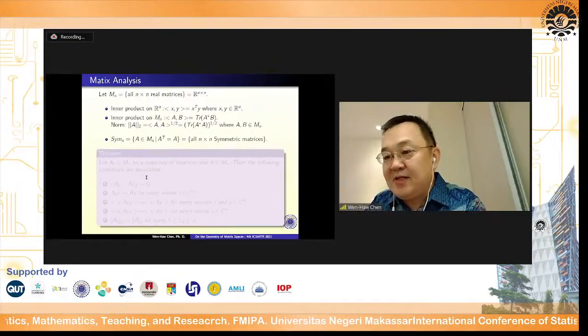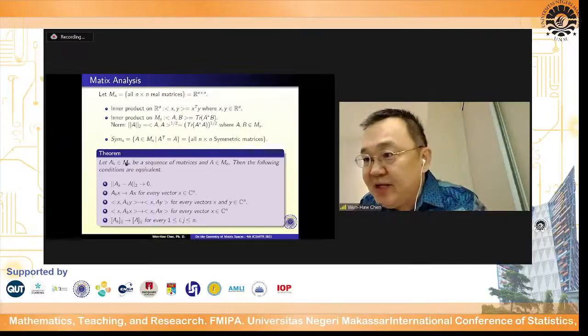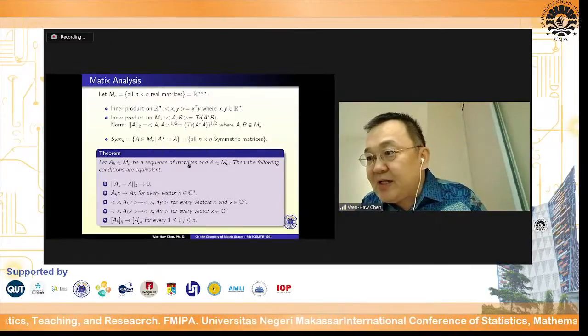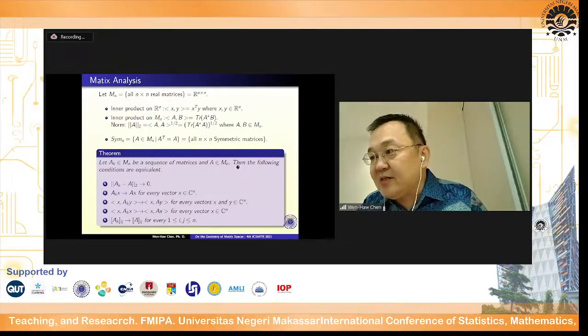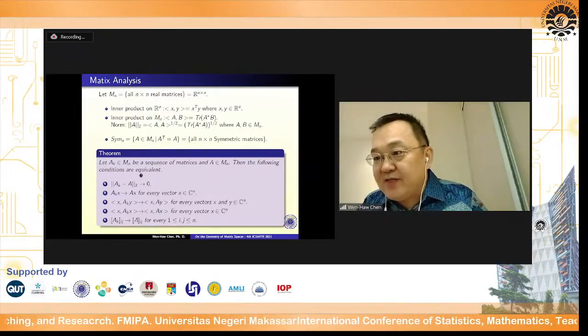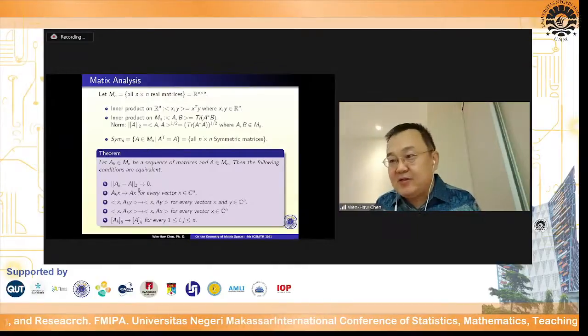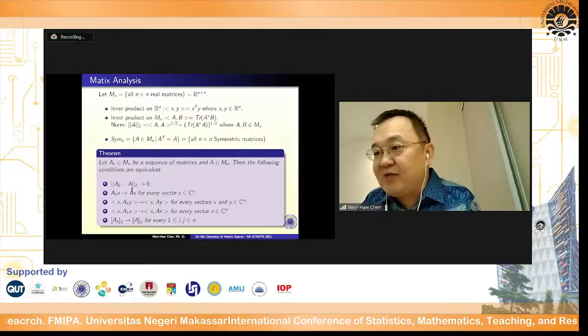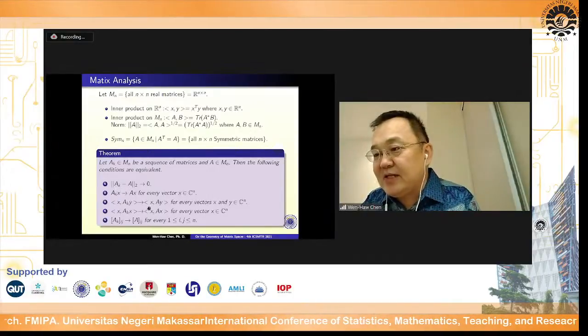So we have the following theorem. Okay, and then let there be a sequence of matrices, and the following conditions are equivalent. So this is somewhat an approximation from A_k to A in the two-norm, just like this.